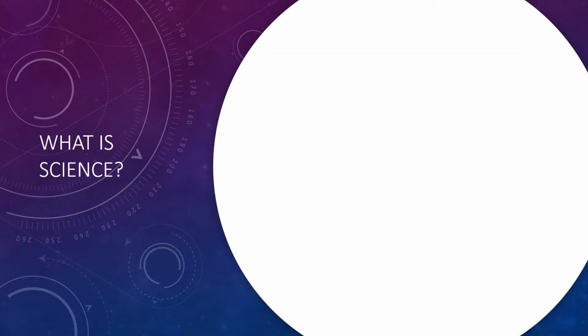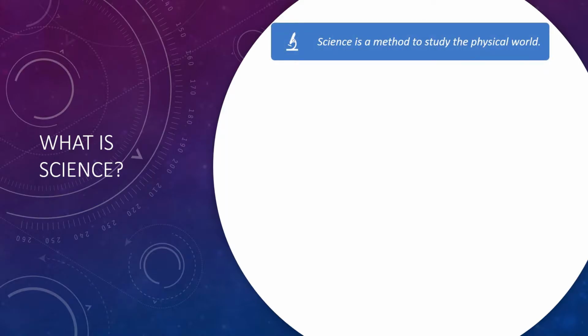Before we start with physics, we all know that physics is a branch of science. So, what is science? What does the word science really mean? Going through Google, I found a quick definition, because we use this word quite often, but I personally have never really sat down and looked at the definition of science.